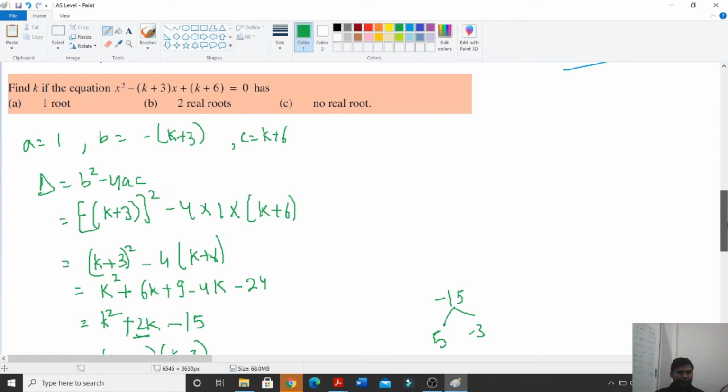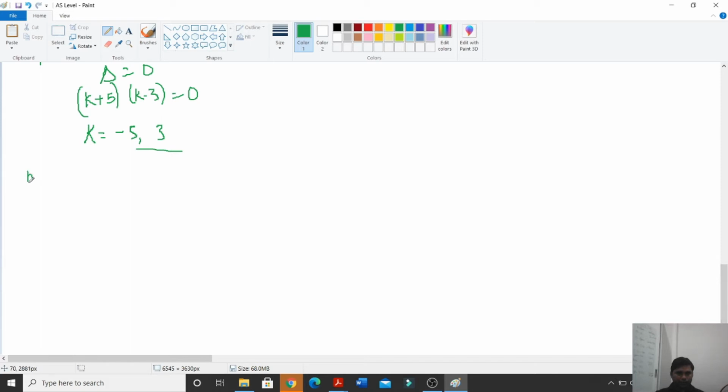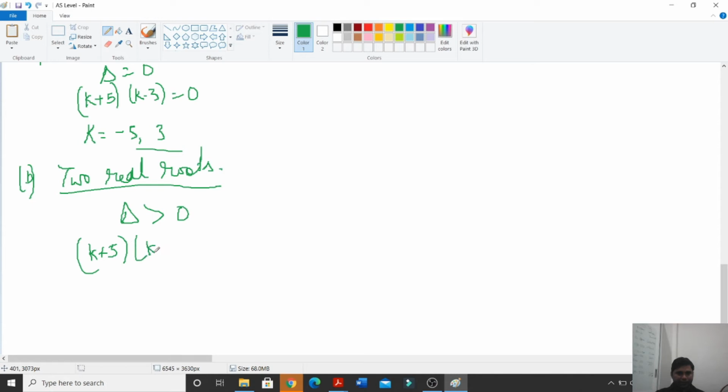Now part B, two real roots. So two real roots means discriminant should be greater than 0. It means discriminant, we know, (k plus 5)(k minus 3) greater than 0. So as it is a quadratic inequality, we'll do it by sign change method. So there will be minus 5 and 3, as the coefficient of k square is positive.